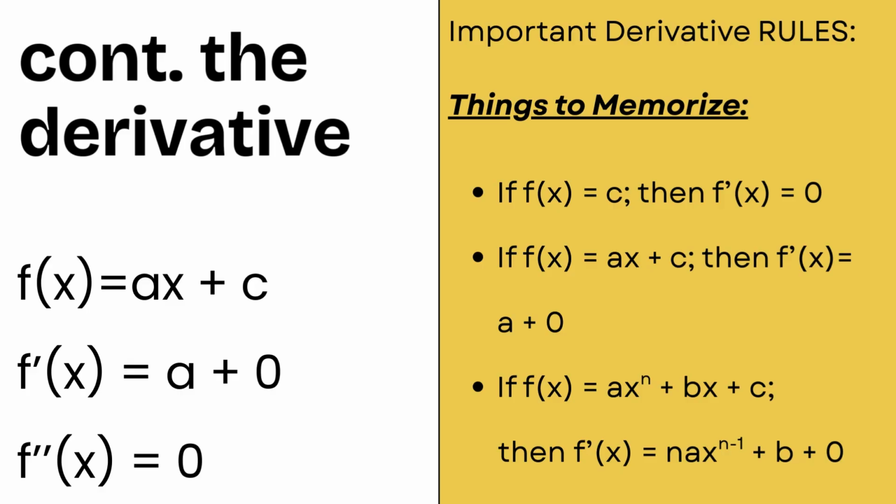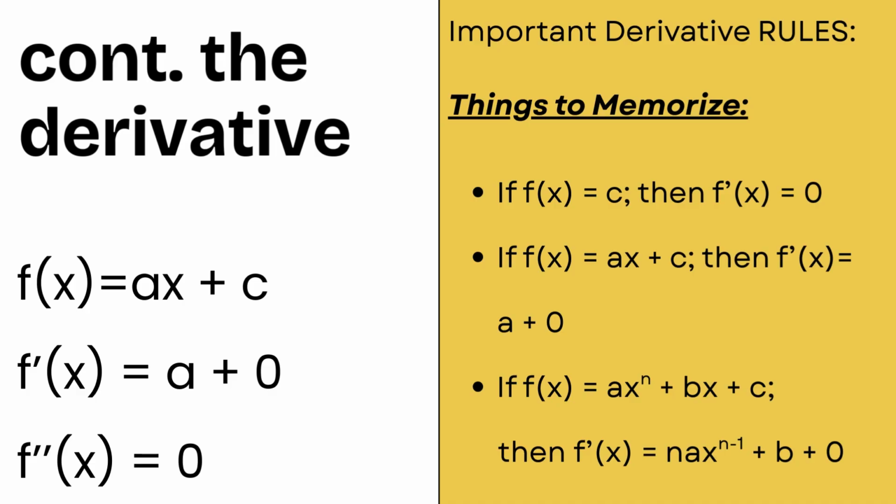The second derivative of this first derivative, a plus 0, is just going to be 0 itself, because the first derivative of that function is just the coefficient itself, and the c turns to 0 because the derivative of any constant is 0. The second derivative is also 0 because the a was a coefficient, but now it's a constant, and that's why it turned into a 0.